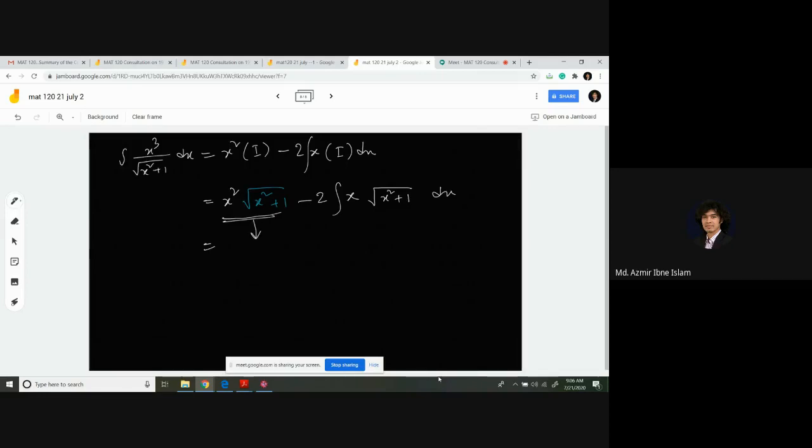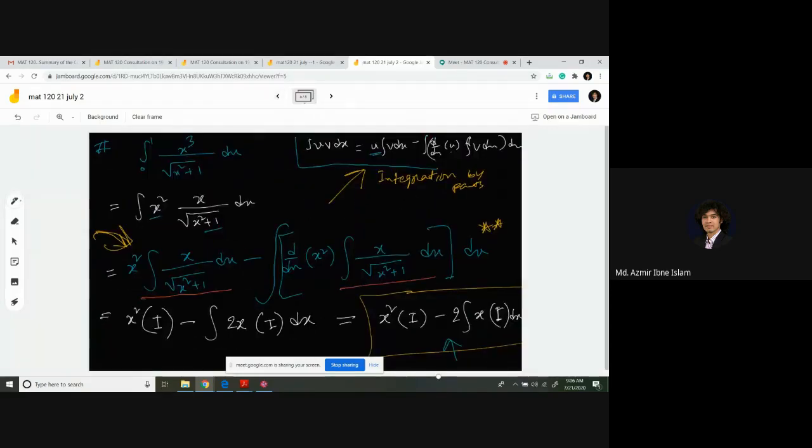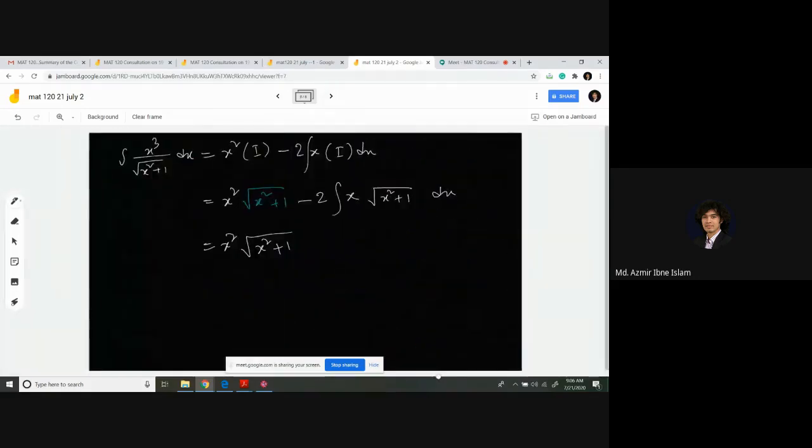So you can see that in the first term, you don't need to solve, it is already okay. But for the second part, you have to again consider either u-substitution method or integration by parts. Since we have applied u-substitution method from the very beginning, now we can directly use u-substitution method. So let's take x squared plus 1 as u.